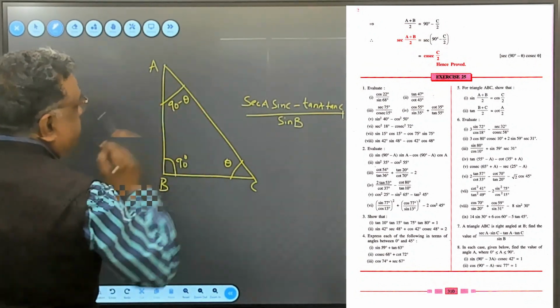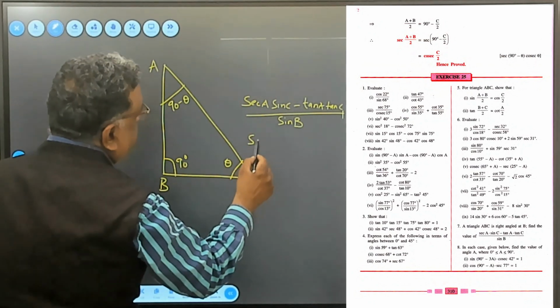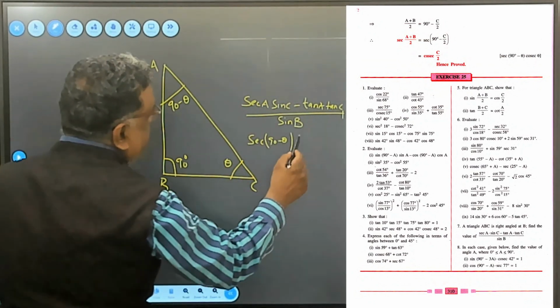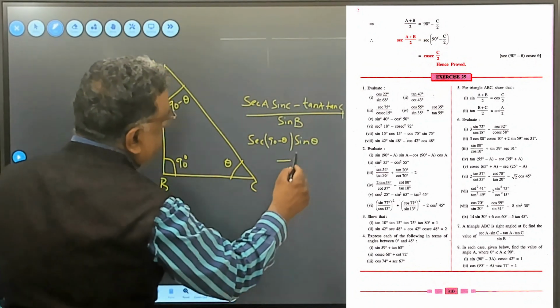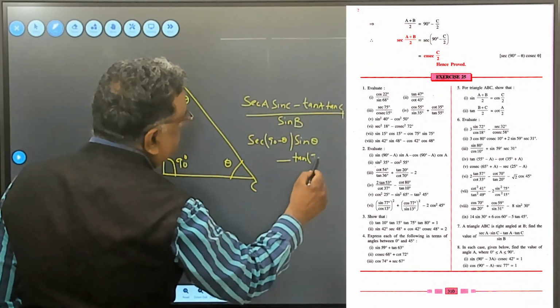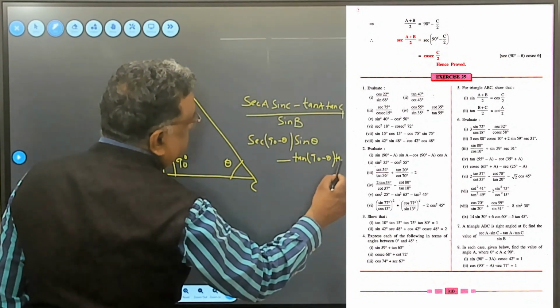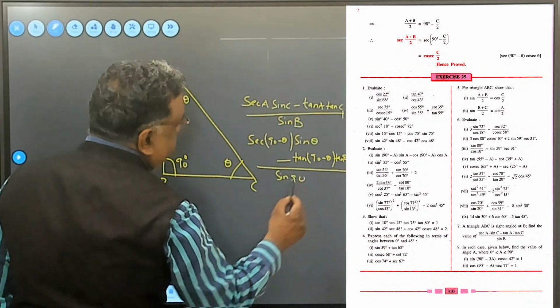So can I write sec A? Sec A is what? Sec 90 minus theta. Sin C is sin theta, minus tan A. Tan A is tan 90 minus theta, and tan C is tan theta, upon sin B. Sin B is sin 90. Sec 90 minus theta is what?